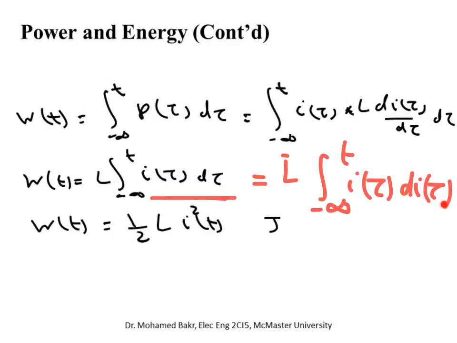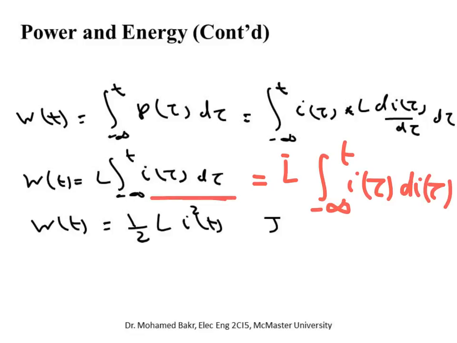When you integrate I of tau relative to I, you get 1/2 I squared. This is the integral you carry out, and it gives us the expression for the energy stored in the inductor. The energy at any time t is 1/2 L multiplied by the current squared.